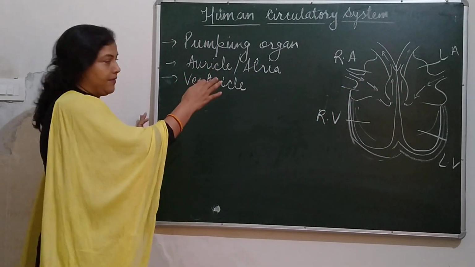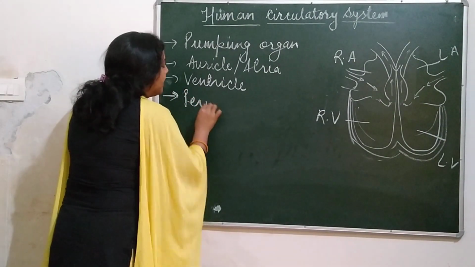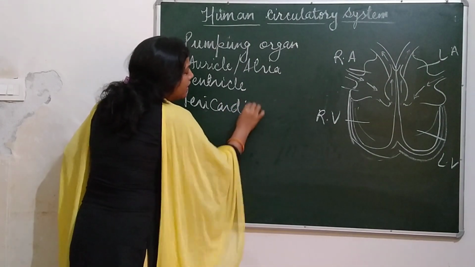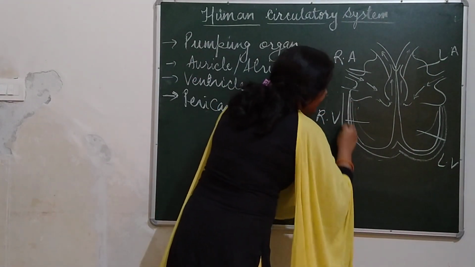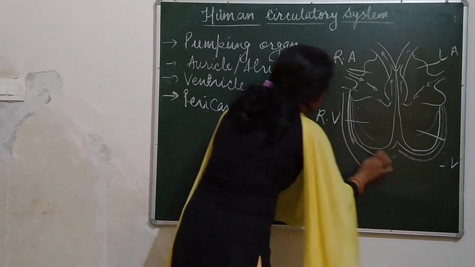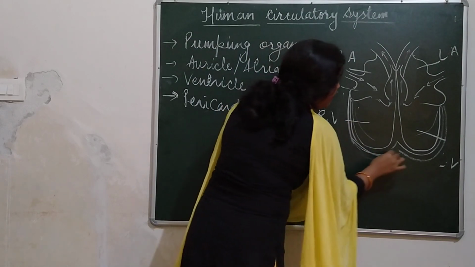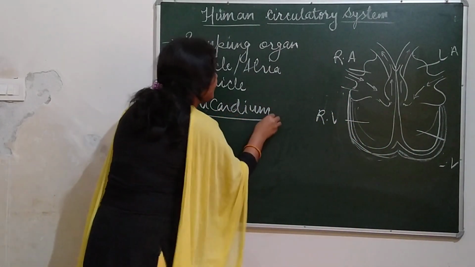This heart is covered by the pericardium. It is covered by a double membranous structure, and these membranes are called pericardium.